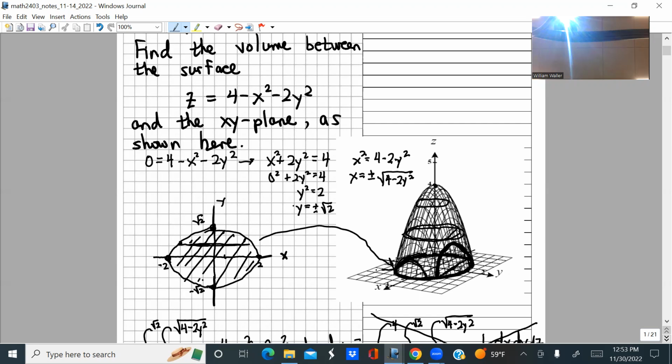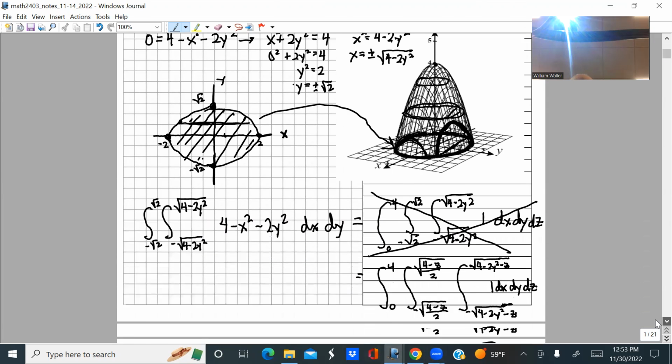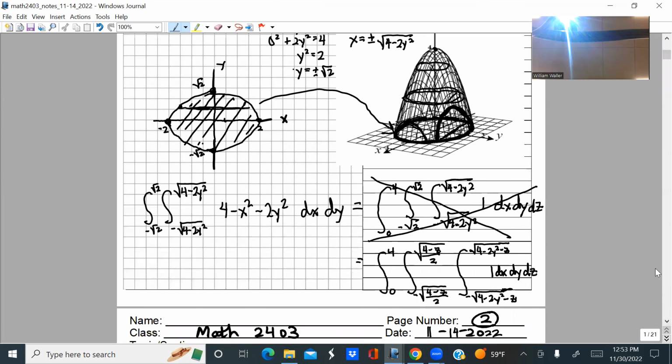So this one we can set up the triple integral in that sort of shorthand fashion that I was showing you a moment ago. So let's see, what would that look like? Remember, use dz first. Let's use then dx dy, but we could do dy dx.